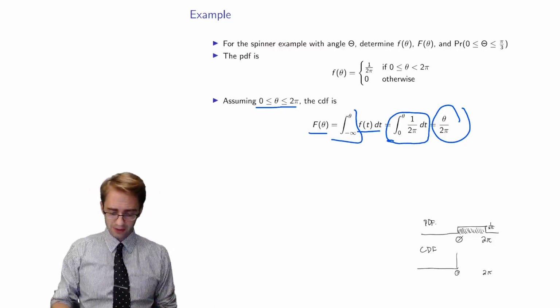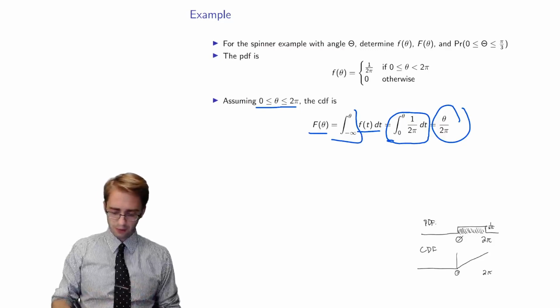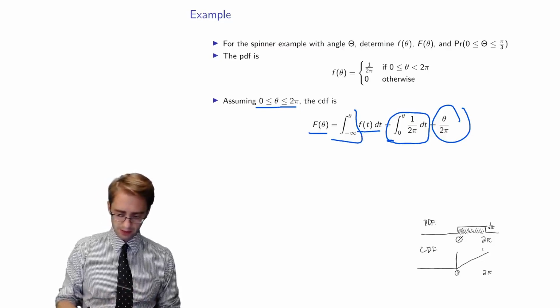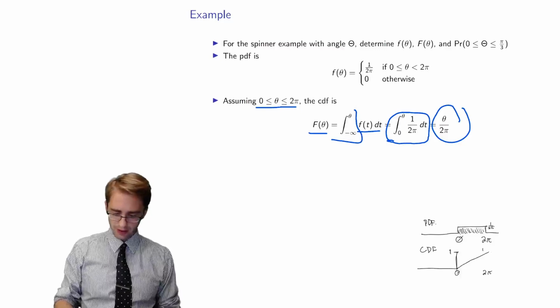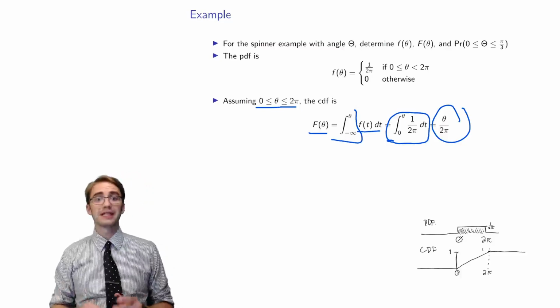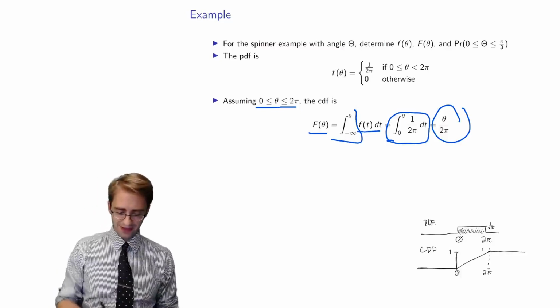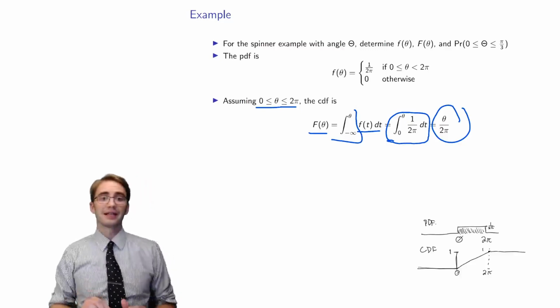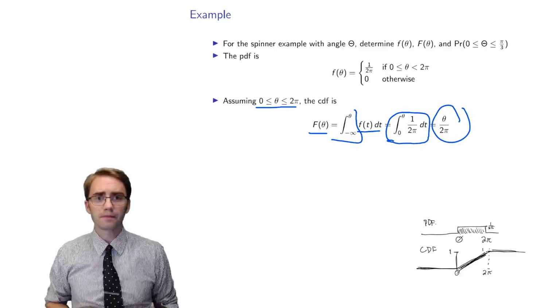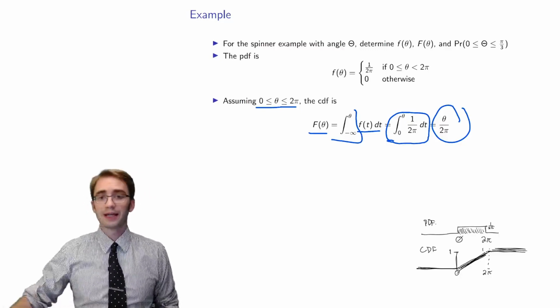And then it goes from 0, it increases at a linear rate up until 2 pi, at which point it gets the value of 1. So this is 0, this is y equals 1 up there, at which point it remains constant throughout. So that's what the CDF looks like. It's flat, and then it moves up in a linear fashion, and then it's flat again. That's the CDF. And so that's algebraically what that expression works out to be.